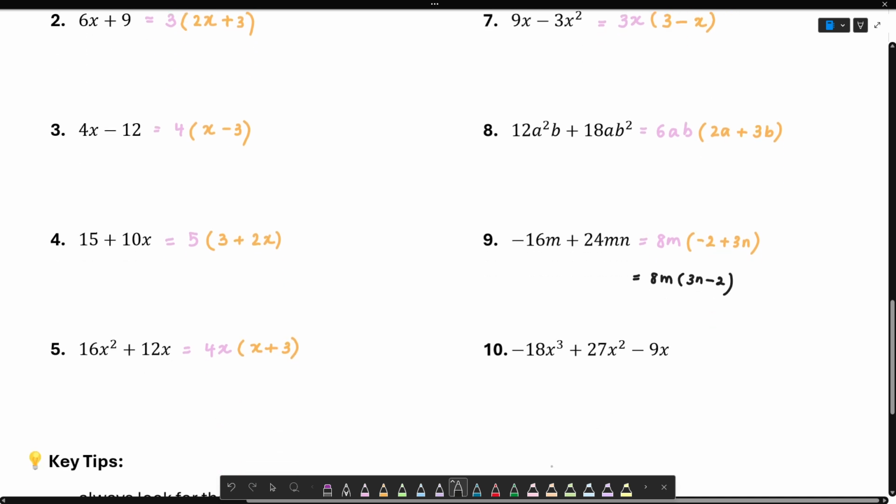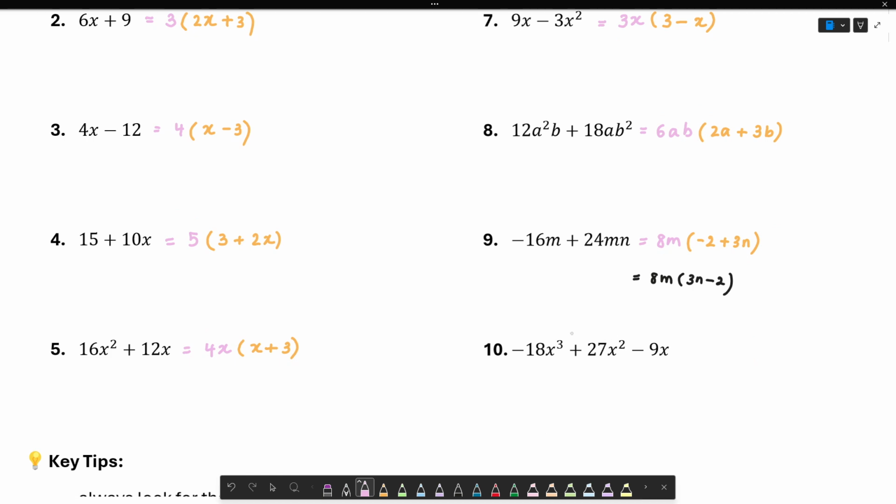And the last question we'll do together, this time there are 3 terms in this expression, but it's the same thing. So looking at all 3 terms, I noticed that they are part of the 9 times tables. Another thing I noticed is that 2 out of the 3 terms have a negative sign, so I can put a minus 9. And because they all have an x, I will put that x there as well.